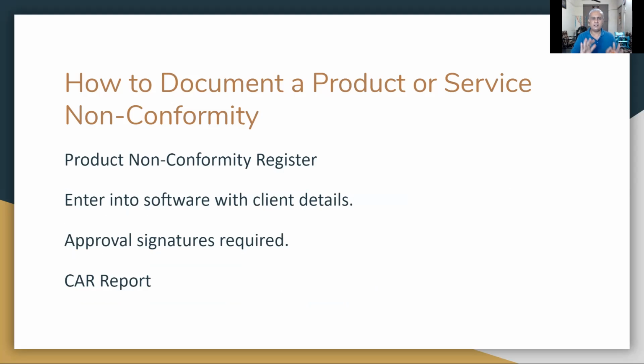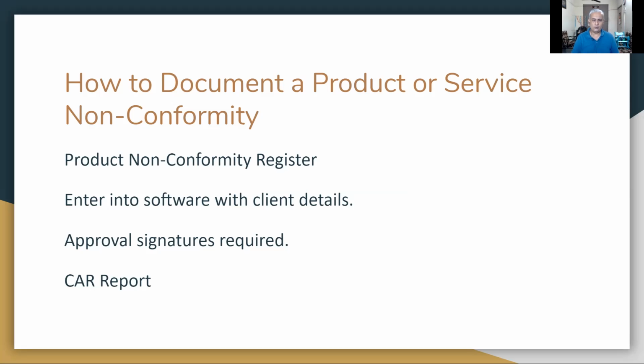So it needs to get registered, and whatever actions you have done from the previous slide, action A, B, C, D, that also needs to be written as a correction of that non-conformity.